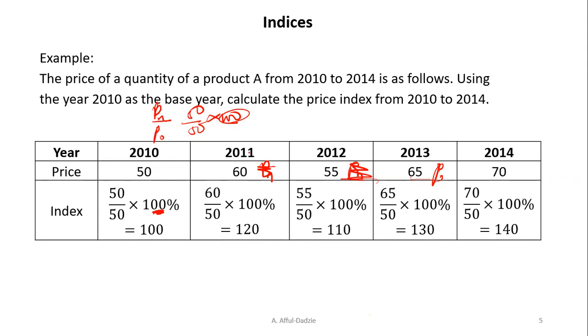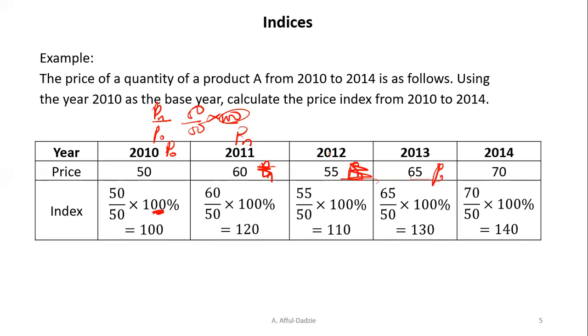So for instance, 2011 is the new period we are looking at, so we'll call this Pn, and 2010 remains P naught because that is the fixed base period. Here you're going to have 60 over the price at the base period, 50, times 100, and that is 120.